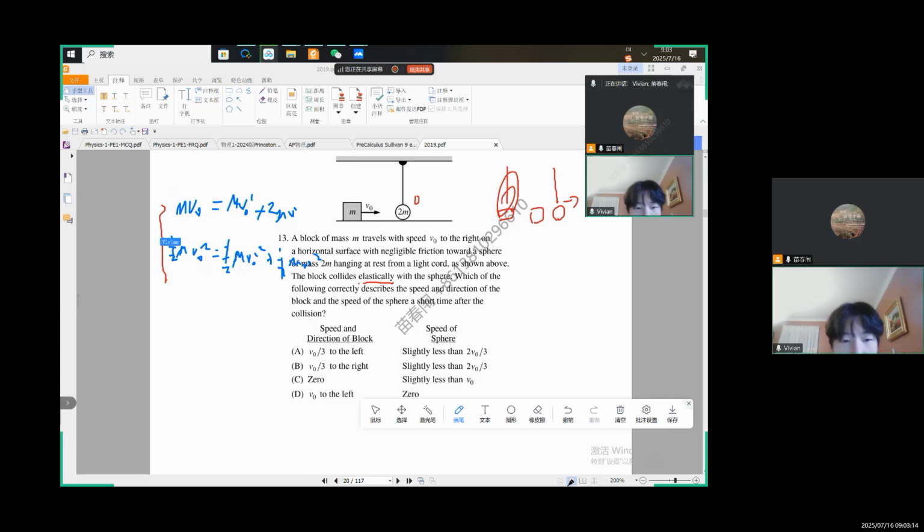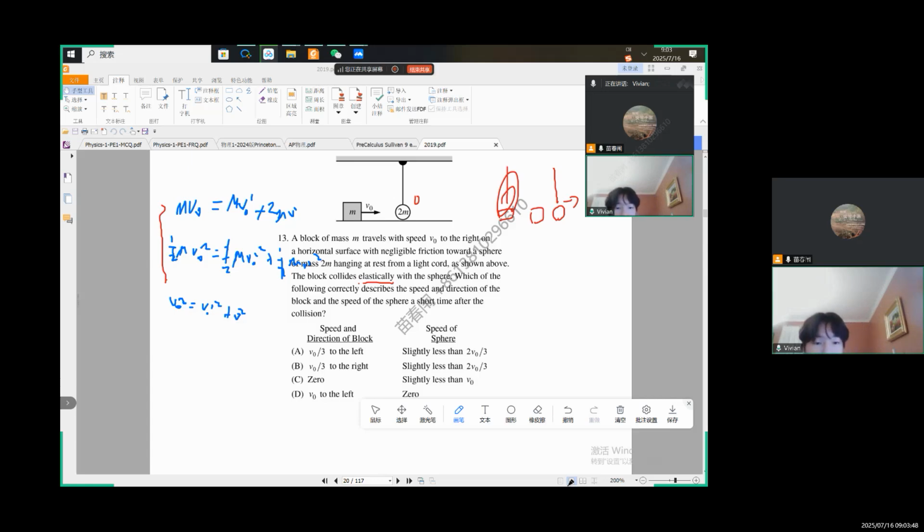Wait, and then that means V0 squared equals V0 prime squared plus V prime squared. So now we can, wait, let me see.